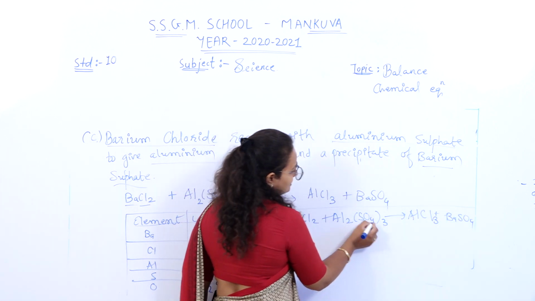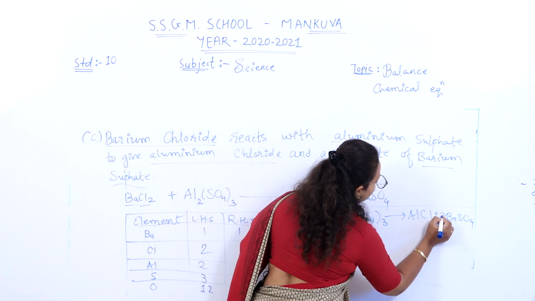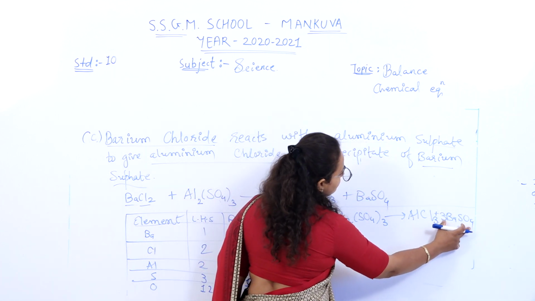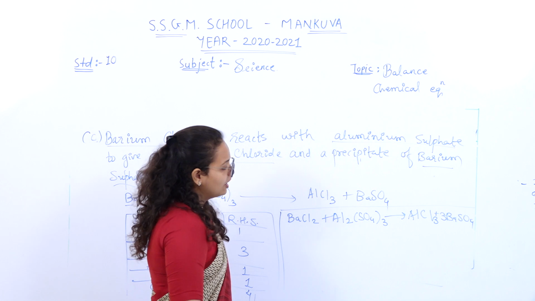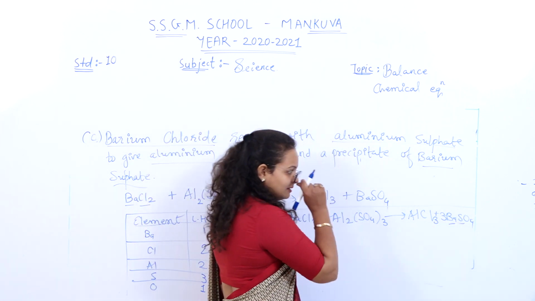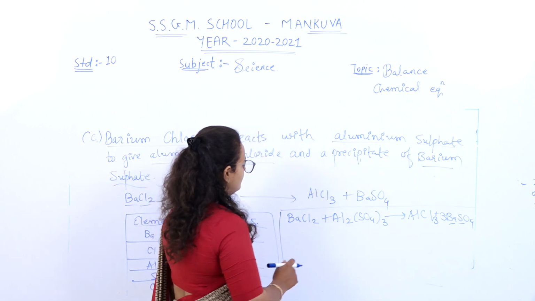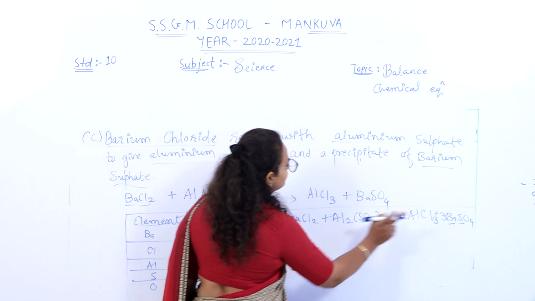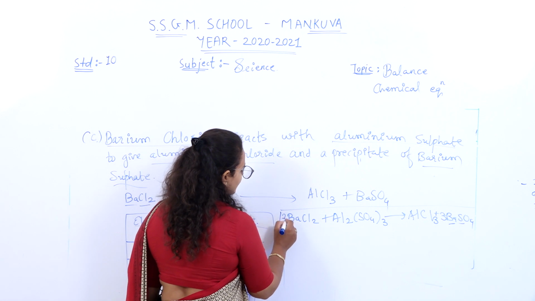So here you can see 4 threes are 12. If I am putting 3 here, this oxygen will become 12. Now because of this oxygen, barium is also changed and sulfur is also changed. So you have to make 3 barium on left hand side.